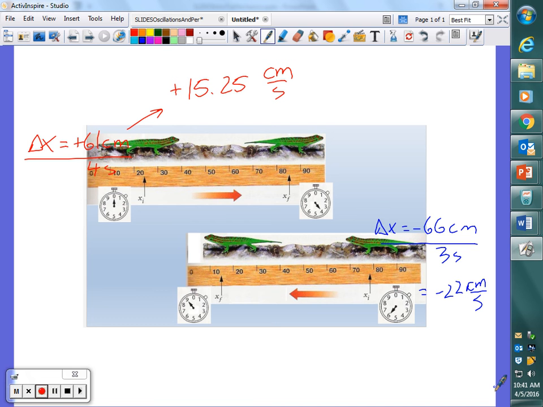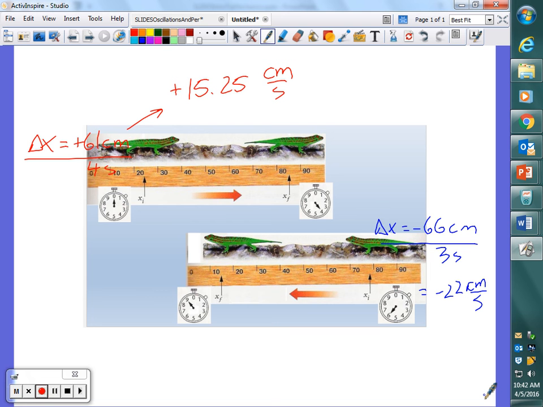How fast and which way. If we're in one dimension, how do we tell this way from the other way? One's positive, one's negative. So can it be negative? Yes. Actually, in this case, it has to be negative because what did we call this one? Positive. This one's positive and it's going this way, but that means if this one's going this way, it has to be negative. Okay?